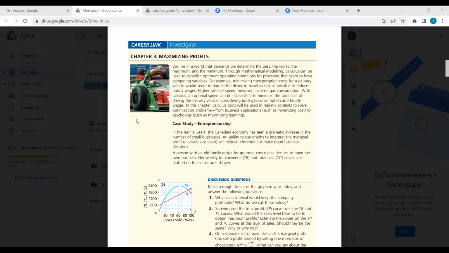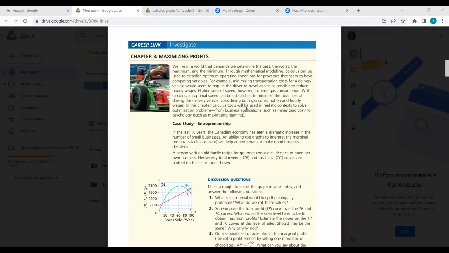So now let's read this discussion, and we're gonna finish in near 5 minutes, okay? So we live in a world that demands we determine the best, the worst, the maximum, and the minimum. Through mathematical modeling, calculus can be used to establish optimal operating conditions for processes that seem to have competing variables.